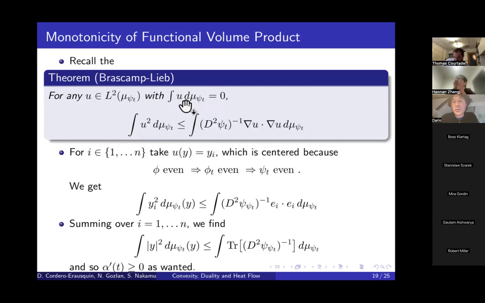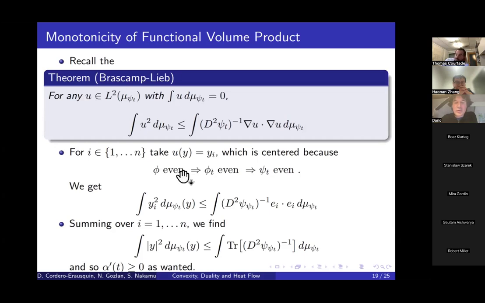You have a function u that is centered with respect to mu, and then the integral of u squared is dominated by the inverse of the Hessian of psi t applied to grad u. So let me apply this inequality to the linear functions y i.